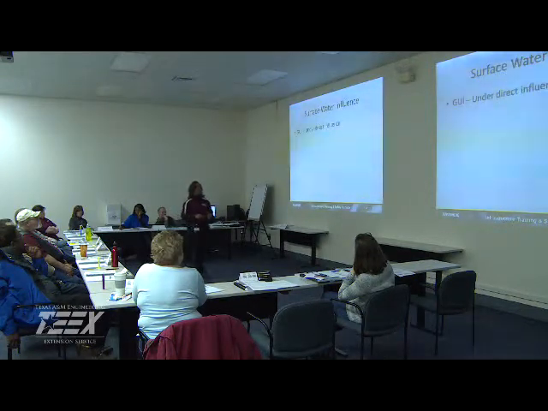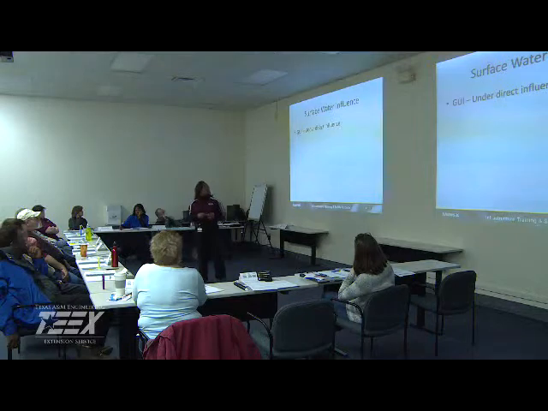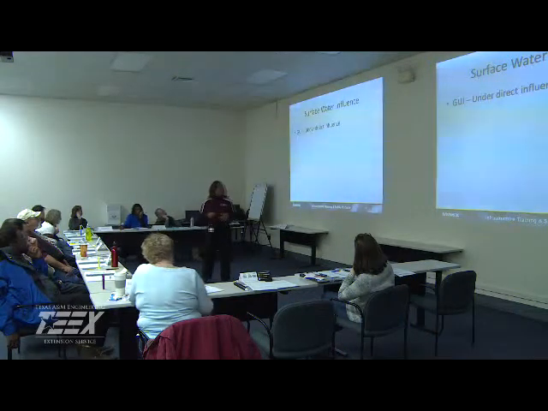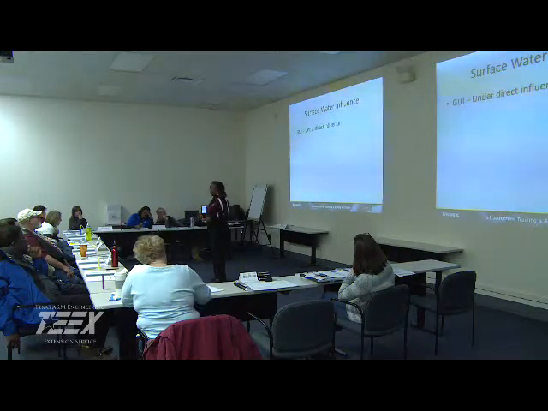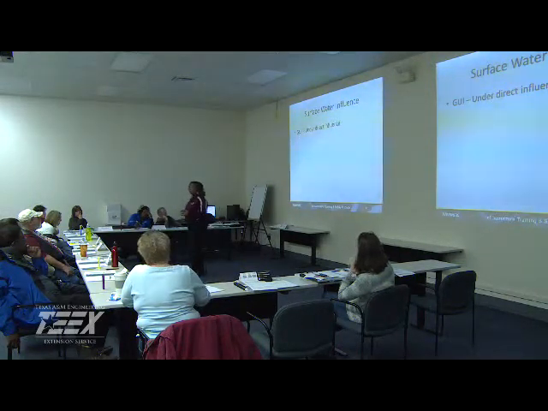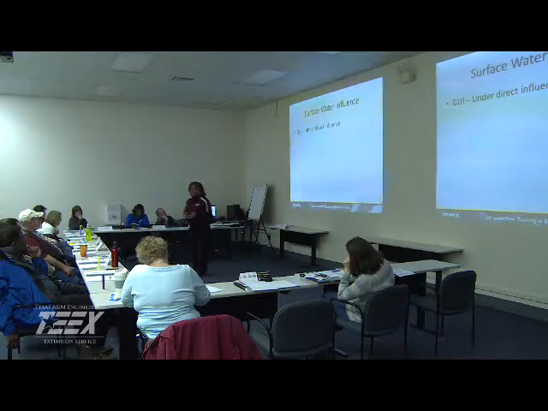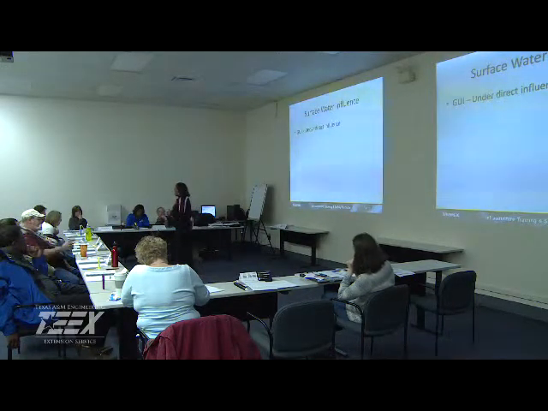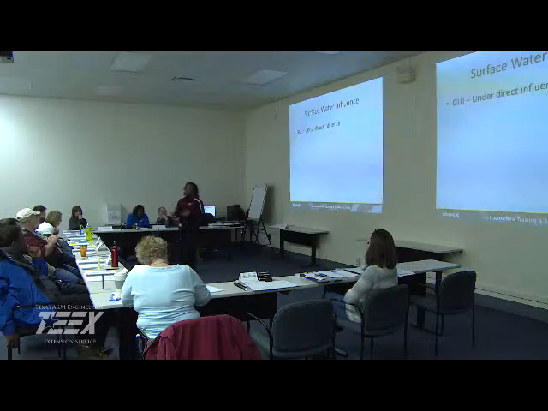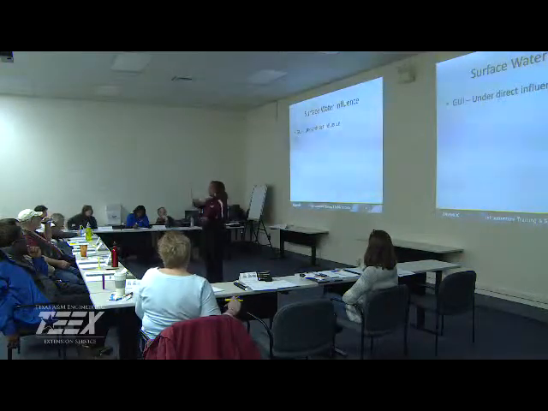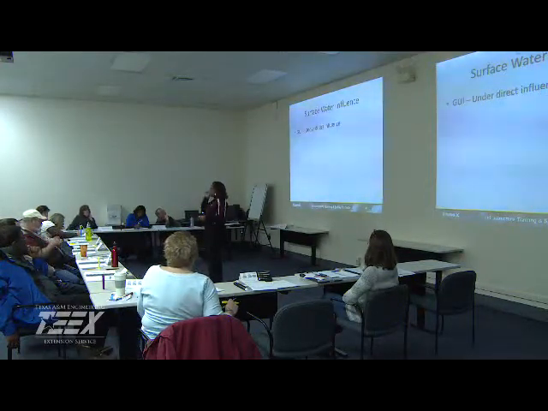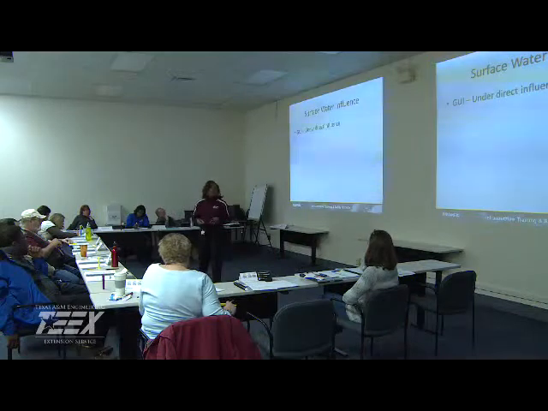Very good. They mention again surface water influence on groundwater. Remember, groundwater under the direct influence of surface water. Now I can no longer say I'm not going to do any type of treatment whatsoever, or I'm just going to chlorinate if I start seeing all of these surface water organisms coming up and there's a fluctuation in my quality or parameters that I'm looking at, such as pH, alkalinity, and all of that.